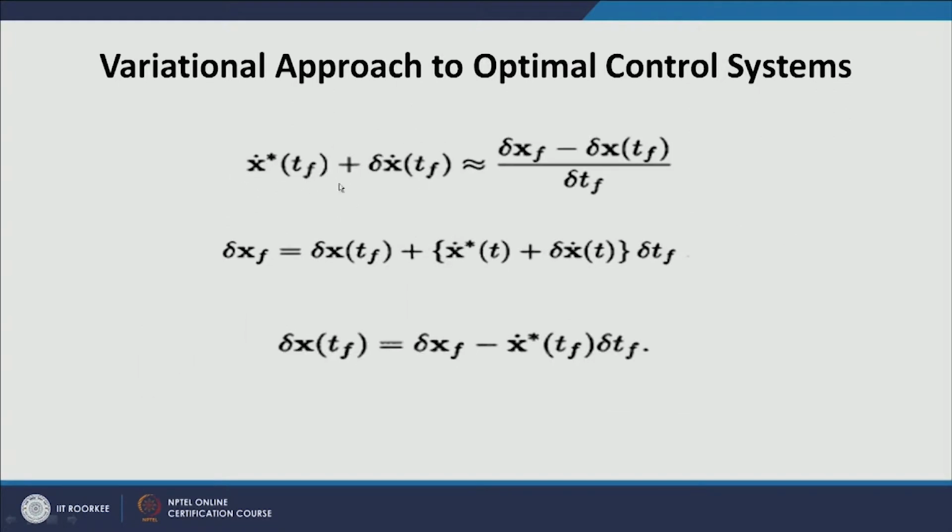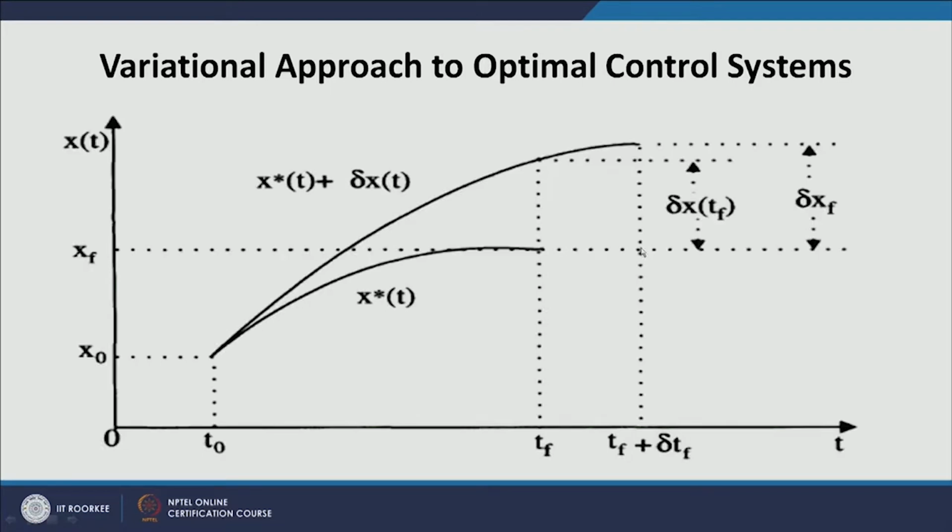I can approximate x dot of tf plus delta x dot of tf as delta xf minus delta x of tf, divided by delta tf. What is delta x of tf? It is the value of x(t) at the optimal point plus delta x, which is the variation point.